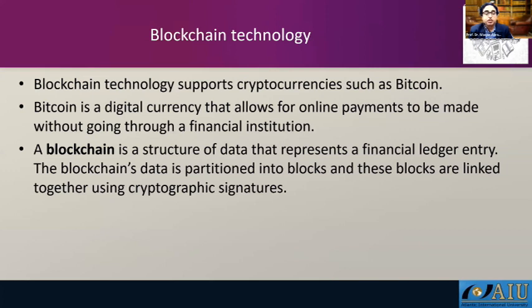And the next is blockchain technology, which is a very interesting technology related to cryptocurrencies you must have heard about, such as Bitcoin, and these payments do not have to go through financial institutions. These are cryptocurrencies.